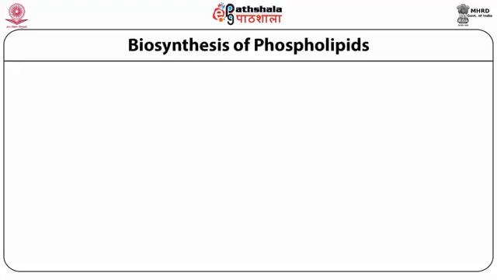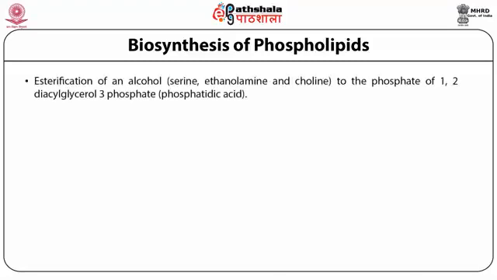The biosynthesis of phospholipids. Phospholipids are produced by the esterification of an alcohol, for example serine, ethanolamine, and choline, to the phosphate of 1,2-diacylglycerol 3-phosphate, also known as phosphatidic acid.